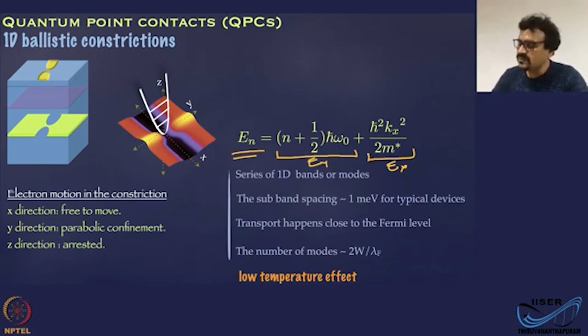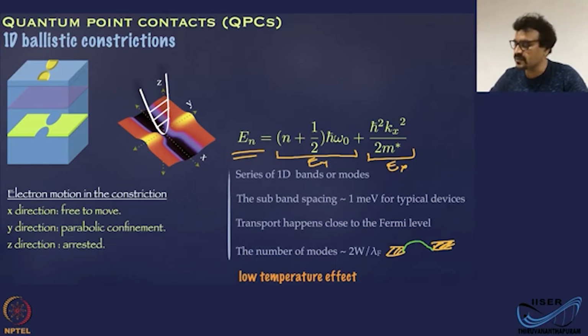So what you have is the modes along the y direction because of the confinement. If I draw it here, you have this confinement because of the voltage on the gate, then the electron wave functions form modes in the constriction.